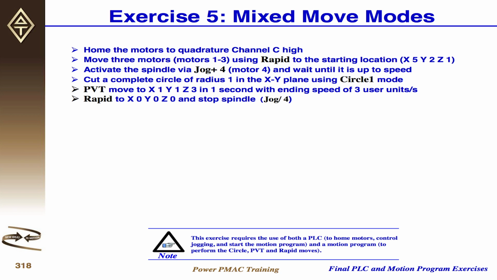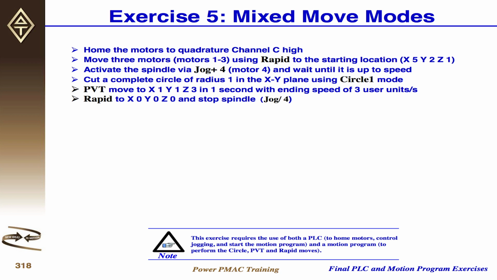Something to note for this exercise, you can either put motor 4 in a different coordinate system than motors 1 through 3, or you can put it in the same coordinate system and assign it as the spindle axis in that coordinate system. So both ways will allow you to jog motor 4 independently of the motion of the other motors. And if you don't remember what the spindle axis is, you can look back to Alex's presentation from yesterday or today, where he discusses the spindle axis.